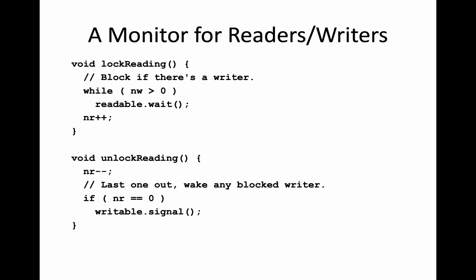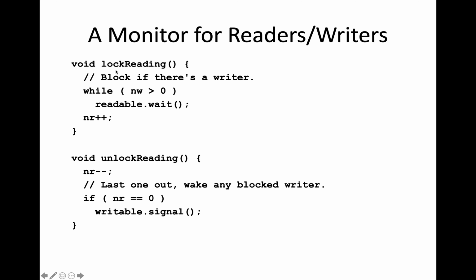Once it's done, we're going to depend on that thread to tell us that it's done by calling unlock reading. So threads will call this first one to acquire a read lock, and then they'll call the second one to release that lock. And we'll pretend there could be any number of threads trying to acquire and release locks all the time. So let's look at what's going on in lock reading.